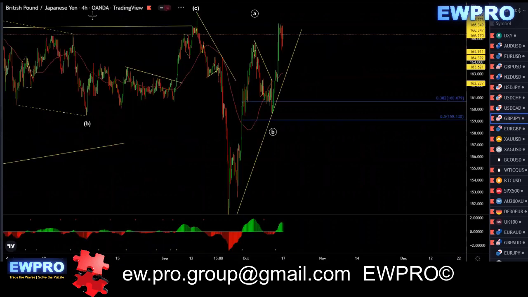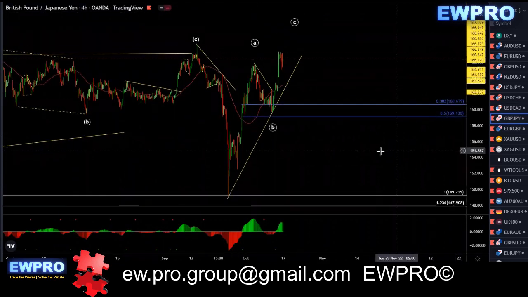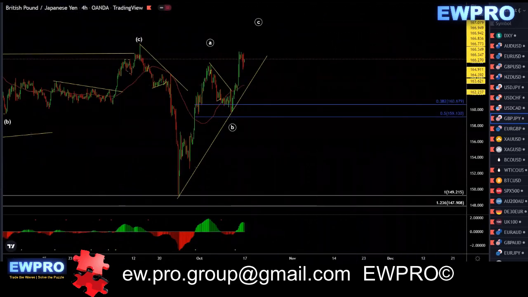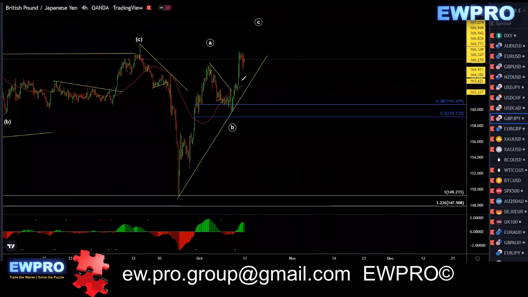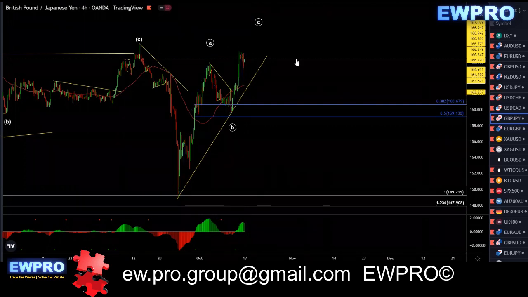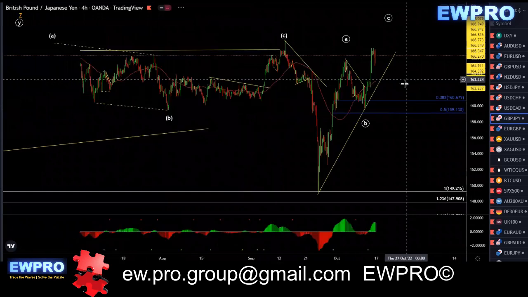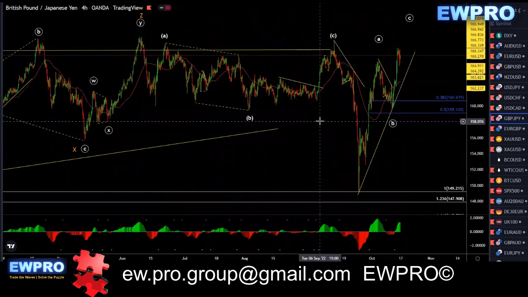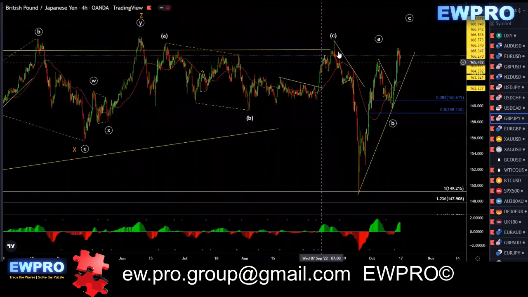GY, you can see here what I said with GU. GU's in here somewhere, whereas GY went up and broke that top. So we're getting an A, B, C. Up in here, we're getting bearish divergence. There's really not much you can do because all this is a large correction.